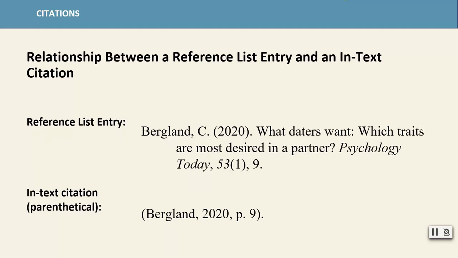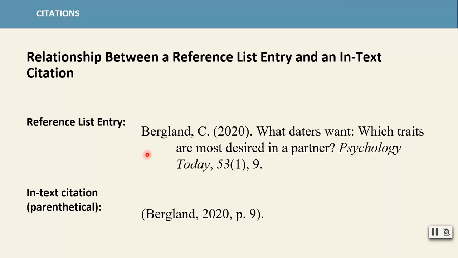They give context to each other. You know within your paper where you're using your information from, simply because of this author's name. And then within the reference list, the author's name is going to be coming first, and your reference list is going to be alphabetized.